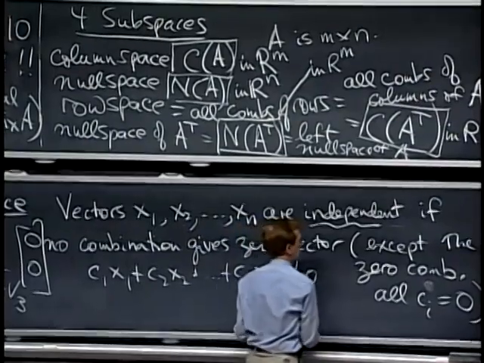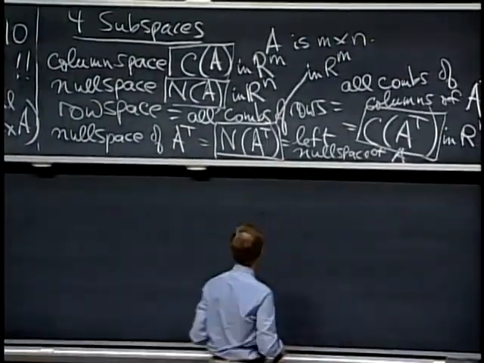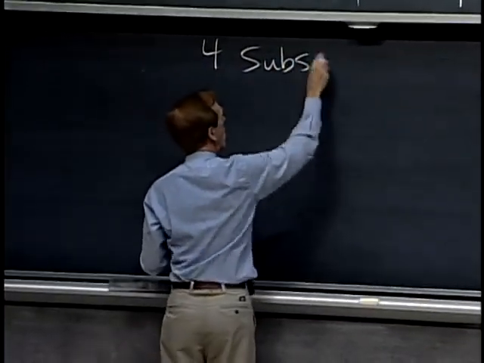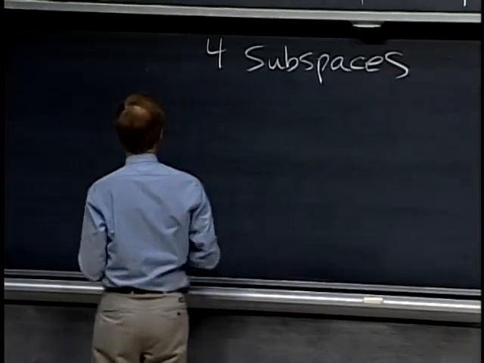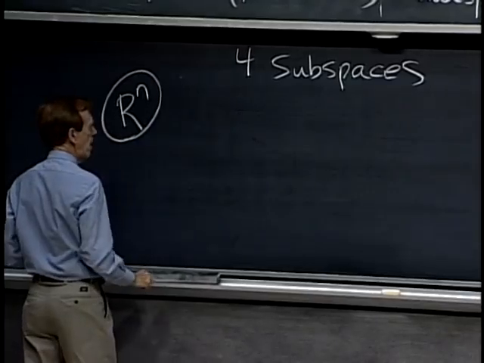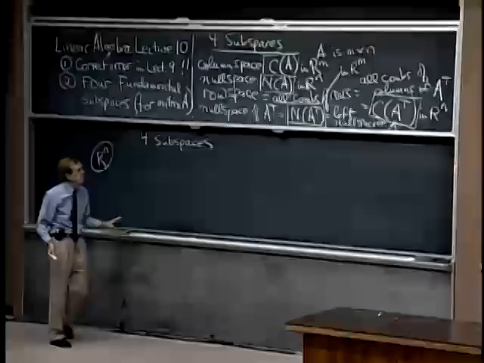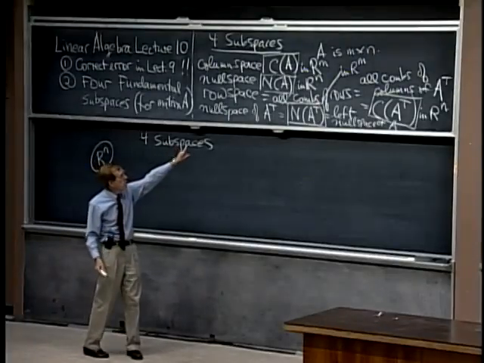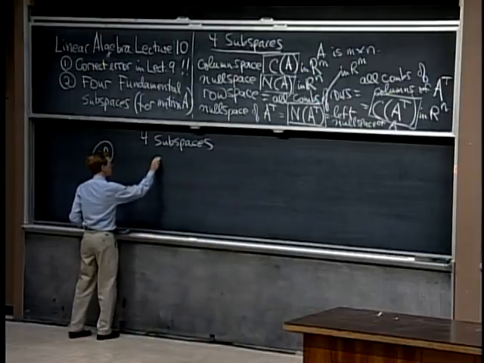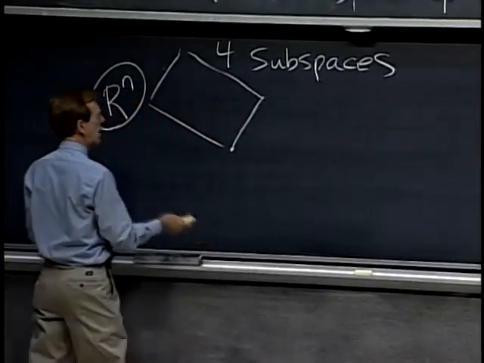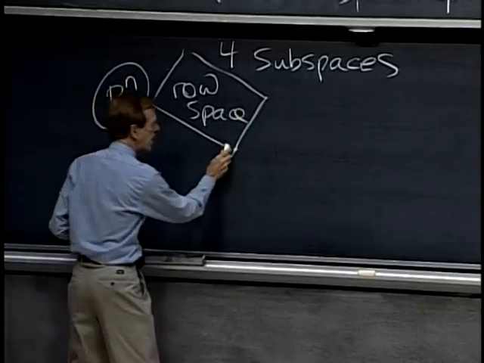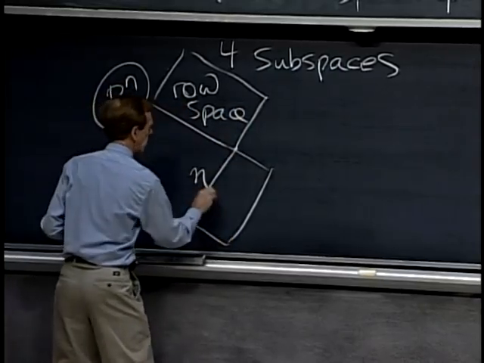Okay. Here are the four spaces. Let me put n-dimensional space over on this side. Then, which were the subspaces in Rn? The null space was, and the row space was. So here we have the row space, and this kind of picture of the null space.